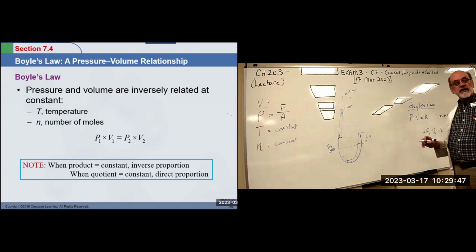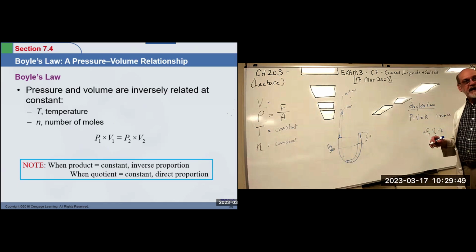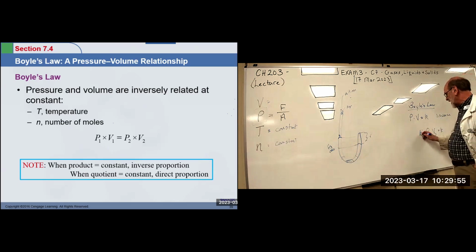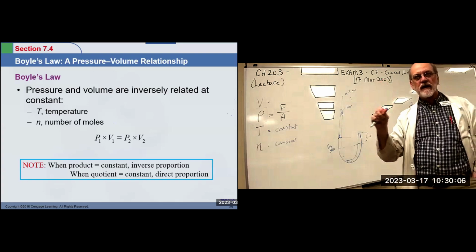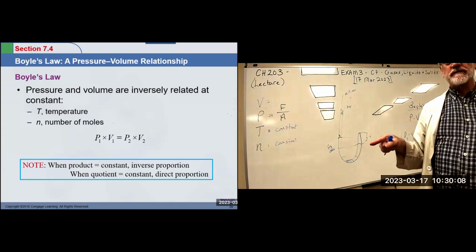So we use the transitive law, right? Mathematics. If A is equal to B and B is equal to C, then A is equal to C. So if these are both equal to K, then they have to be equal to each other. That's why P1V1 equals P2V2. That's a before and after situation.